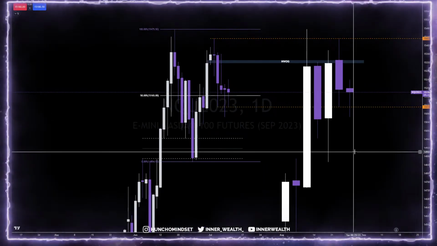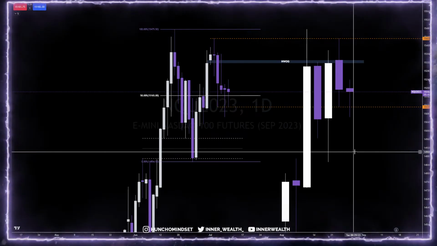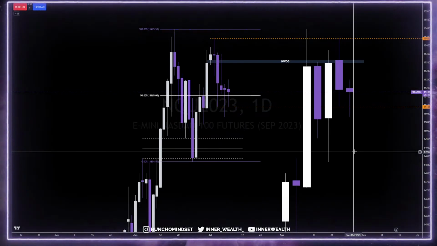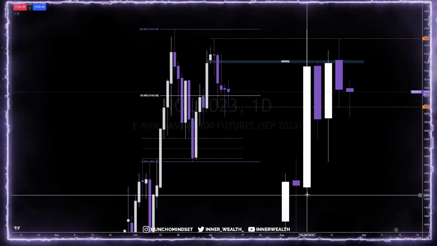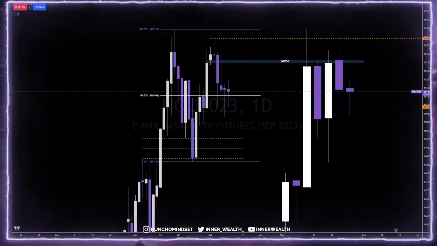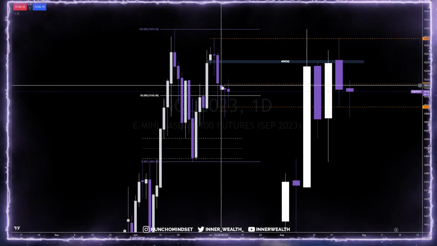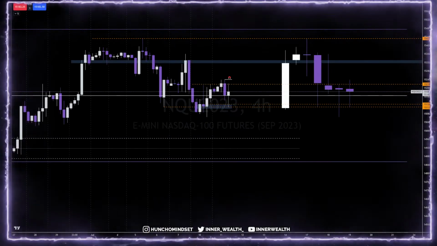Now, it would make sense to go short, being that we're in premium. Okay, I would like to see if we get deeper into premium, but just know that we don't have to on NASDAQ. Since we swept that previous daily high, we don't have to go any higher before we start seeing these shorts.